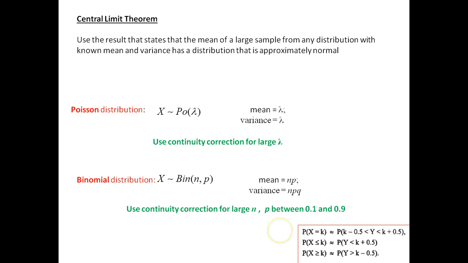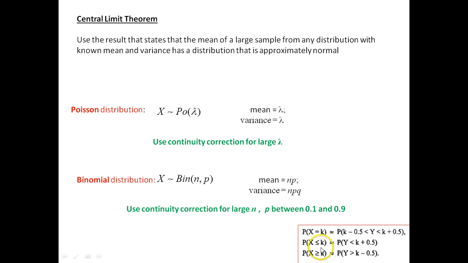For a continuity correction, being as these two are discrete distributions, if we wanted the probability that x was equal to some value k, then we would need to go either side of k by 0.5 so that we make sure that our k was included in our interval.